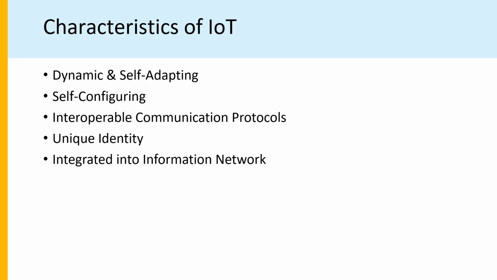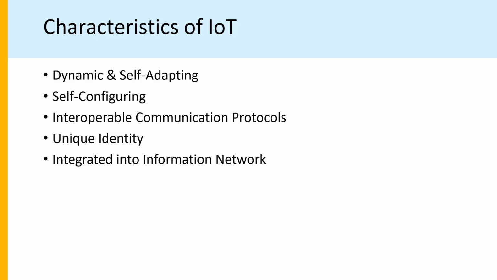IoT devices may have self-configuring capability, allowing a large number of devices to work together to provide certain functionality. IoT devices may support a number of interoperable communication protocols and can communicate with other devices and also with the infrastructure.